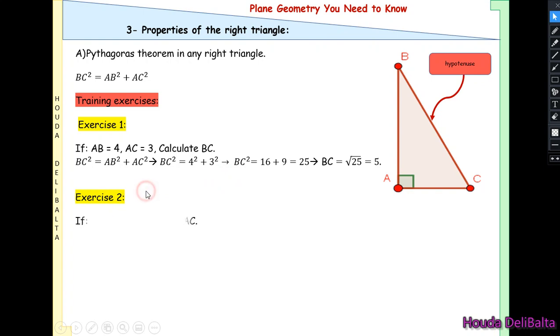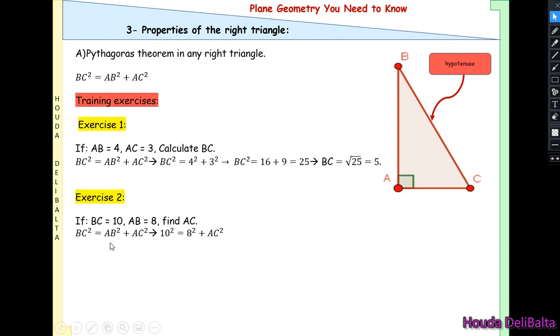Exercise 2. If BC equals 10 and AB equals 8, so BC is the hypotenuse and it's given here, and the other side AB is given. We need to find AC, so the missing one here is not the hypotenuse, it's a side, even though we just write the property as it is. We write BC squared, even though BC is given, we just write the property as it is.